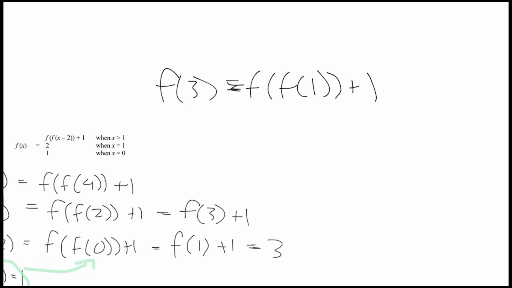And we know that f of 1 is simply 2, so this equals f of 2 plus 1. And we solved for f of 2 earlier, as you recall, that 3 down there. We know that f of 2 is 3, so if we plug that in, we get that this is equal to 3 plus 1, which equals 4. So we know that f of 3 is just 4.